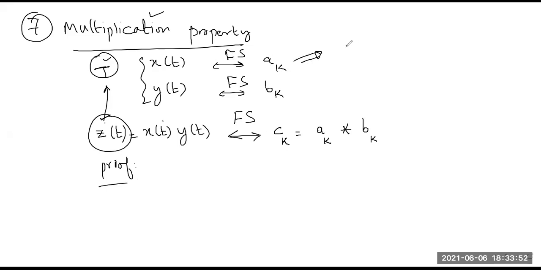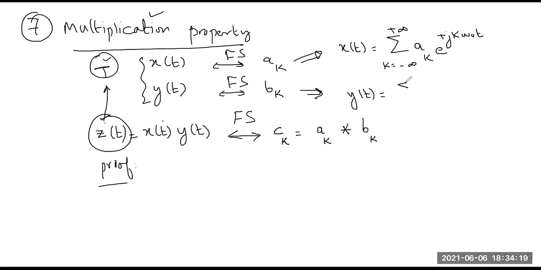For this signal, x of t, its Fourier series representation is ak e to the power plus jk omega naught t, where k is from minus infinity to plus infinity. And this signal y of t can be represented in terms of its Fourier series representation as bk e plus jk omega naught t, where k is from minus infinity to plus infinity.